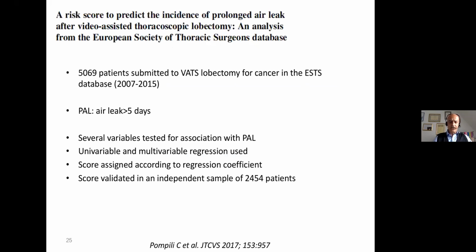This is why we recently tried to develop a model to predict prolonged air leak after VATS lobectomies from the ESTS database. So more than 5,000 patients submitted to VATS lobectomy for cancer.